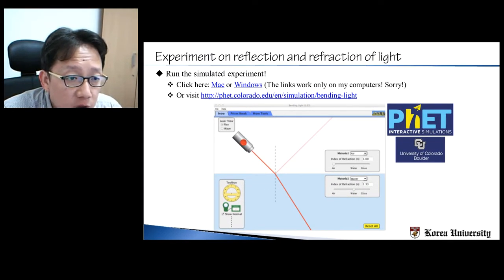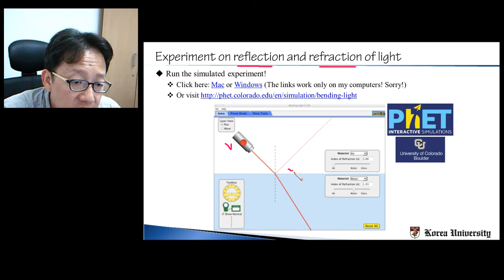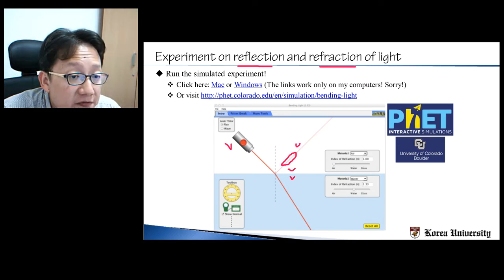Okay, this time we will perform a simulated experiment on reflection and refraction of light. Here I have a laser source. As you can see, this red laser beam goes into the interface between the air and water, and a part of the laser beam is sent back into the air, and this part is called the reflection.